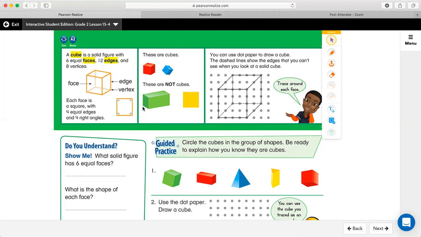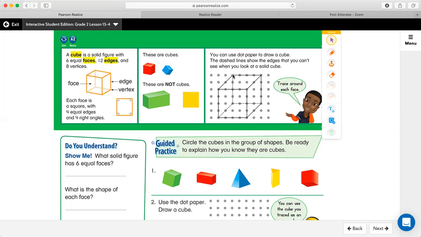This has 2 squares, one on each end, but these are rectangles. So here they have dot paper, okay? We know it is graph paper too. And you can use the dot paper to help you draw.